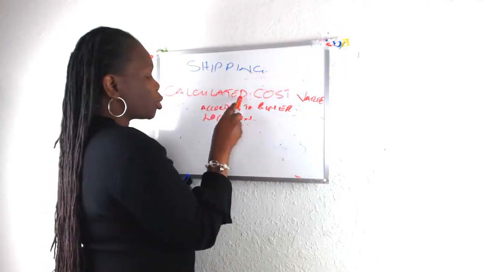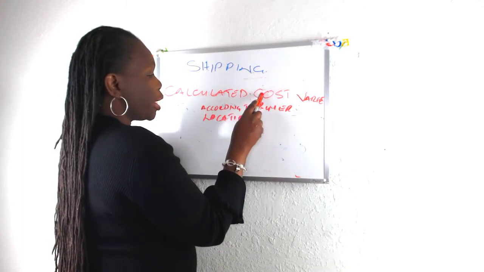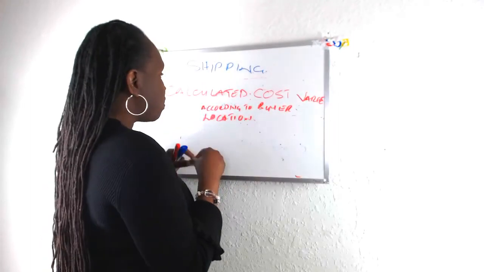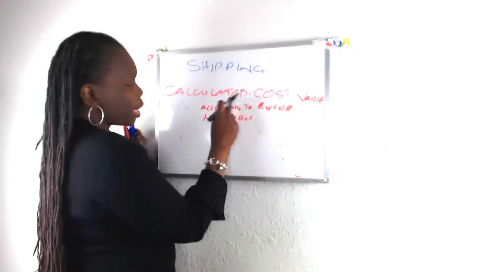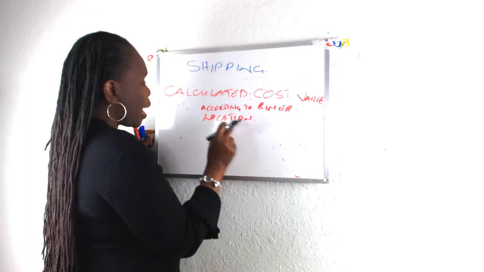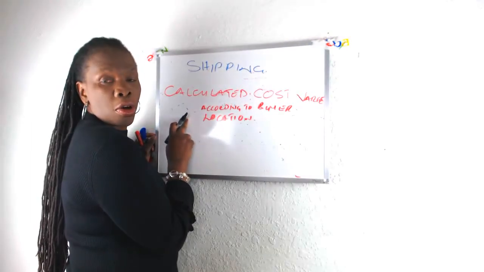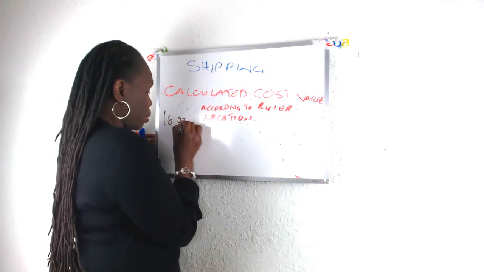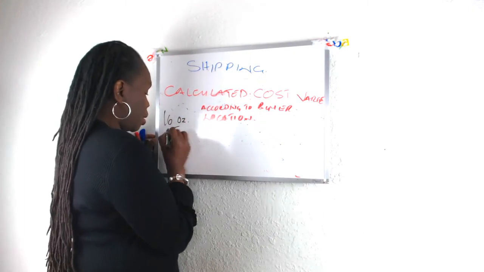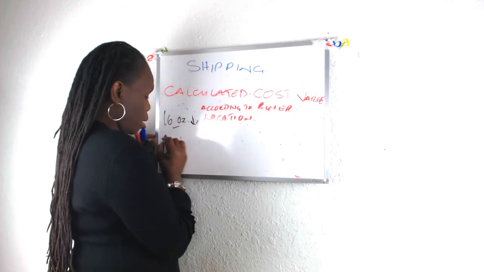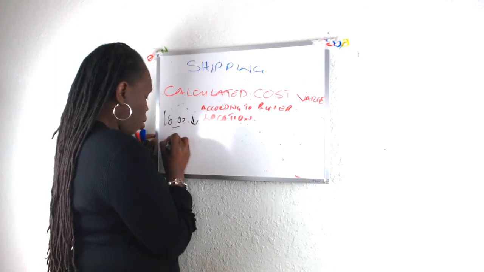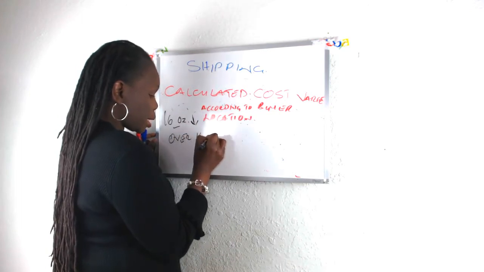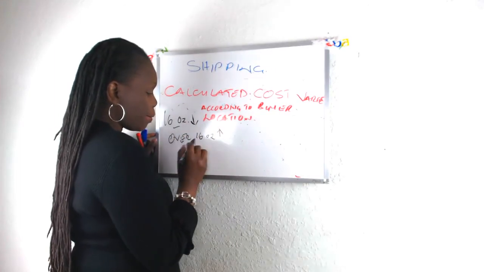So what this is going to do when the shipping is calculated according to buyer location, let's give examples here. At this point, you know whether your item is 16 ounces or less, or over 16 ounces, 16 ounces or higher.